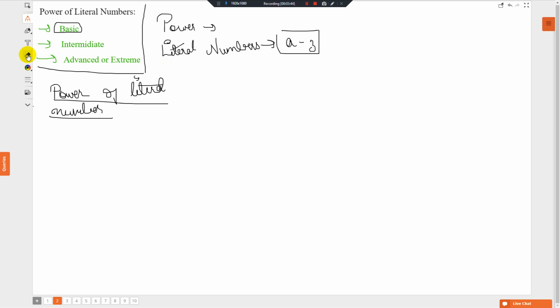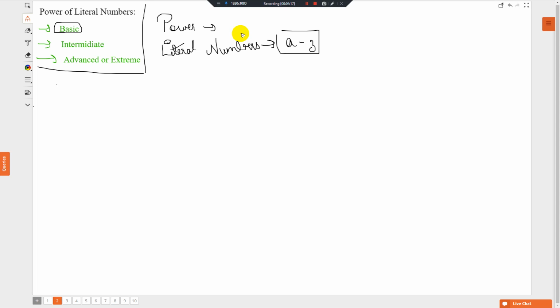We have learned what literal numbers are, A to Z, but we don't know what power is. In power we will see something more special, which is repeated twice, thrice, 4 times, 5 times, 6 times, 7 times, 100 times, 1,000 times.